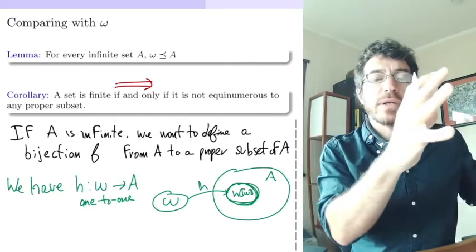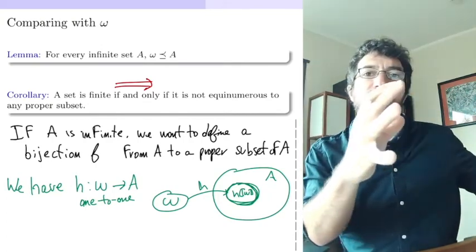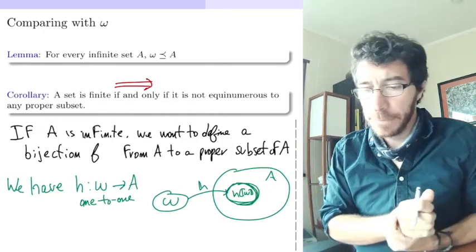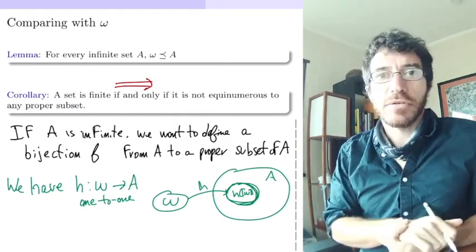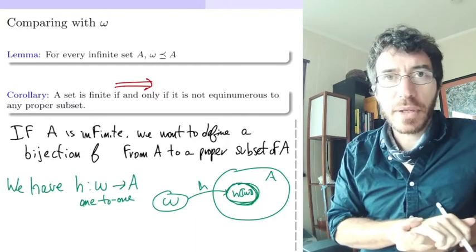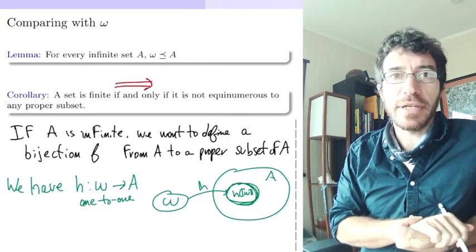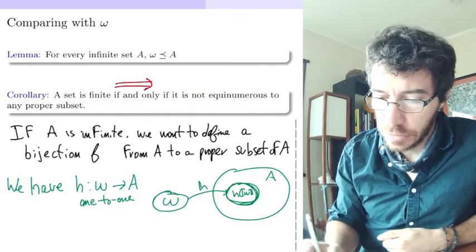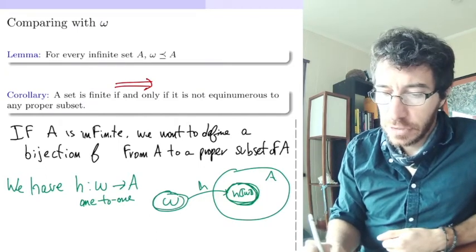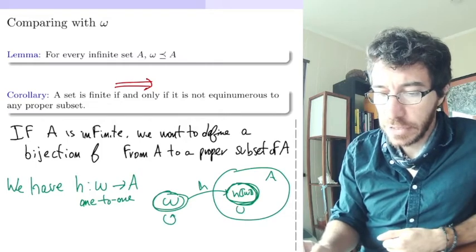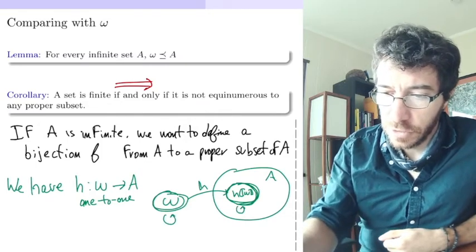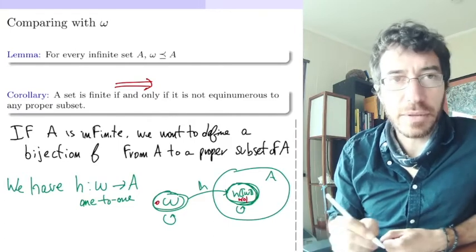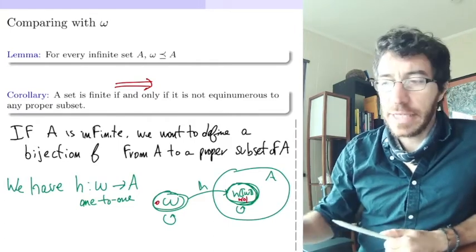We just shift them by 1. We add 1 to every number, then 0 is going to be left out, and every other number gets mapped. And we get this one-to-one function from omega to a proper subset of itself. So we can do that inside this part. So shift this one, and then that will give us a shift of this one, leaving 0 out, and here H of 0 is going to be left out. And then we leave the rest the same.